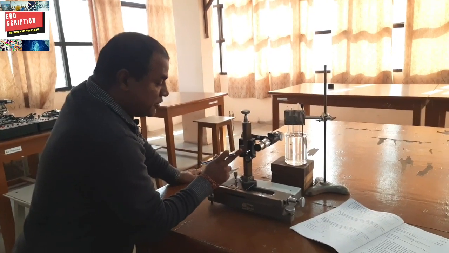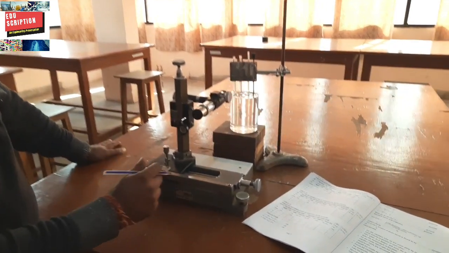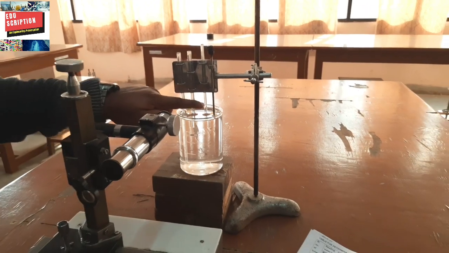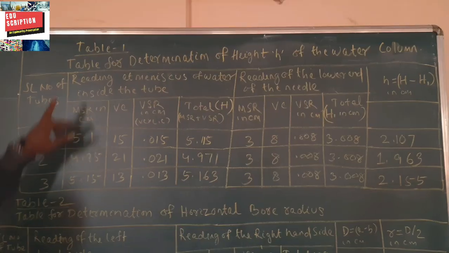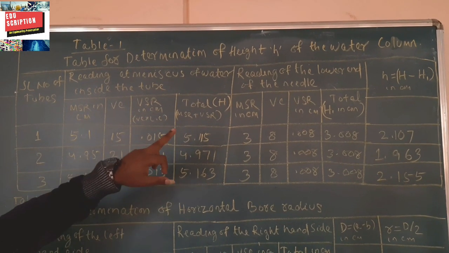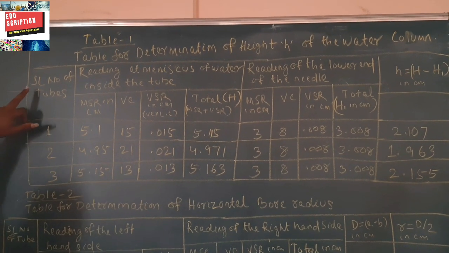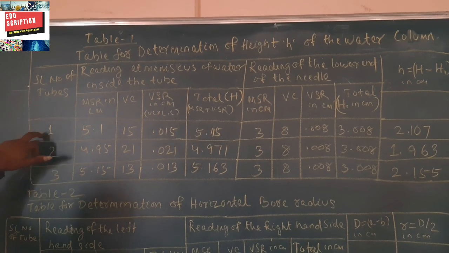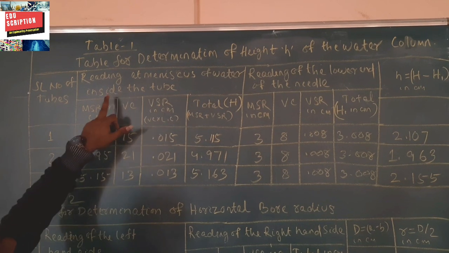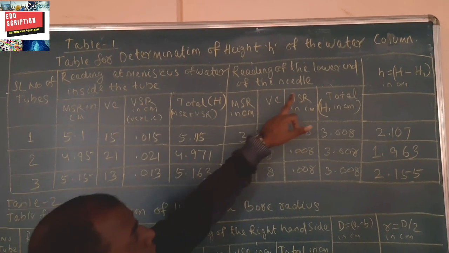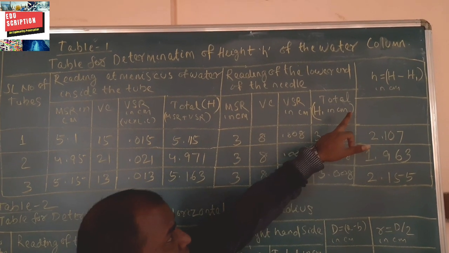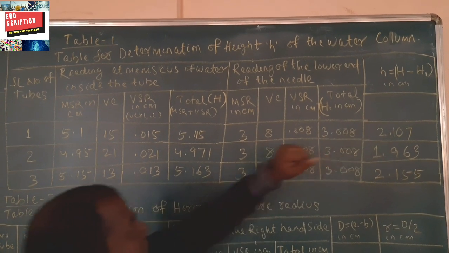With the help of the vernier scale of this microscope, we take readings for capillary tubes 1, 2 and 3, and also for the needle. Table for determination of height h of the water column. See here, serial number of tubes, that is 1, 2, 3, reading at the meniscus of water inside the tube, reading of the lower end of the needle, then small h is capital H minus H1 in centimeter.